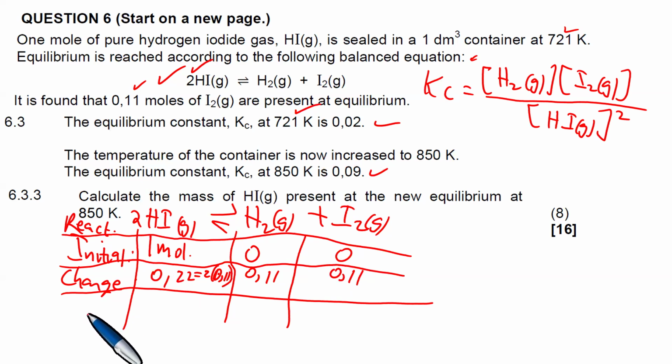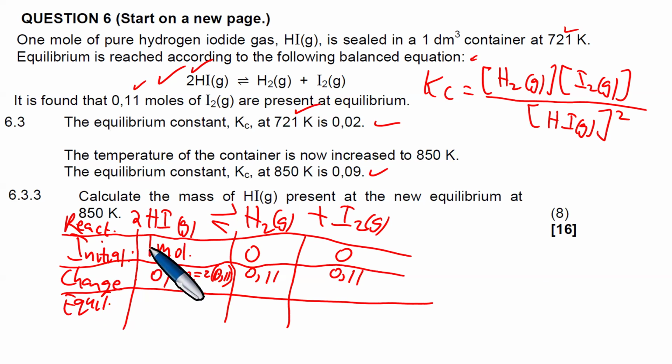Now, let's look at what happens at equilibrium. What were the amounts at equilibrium? We saw that initially there was 1.